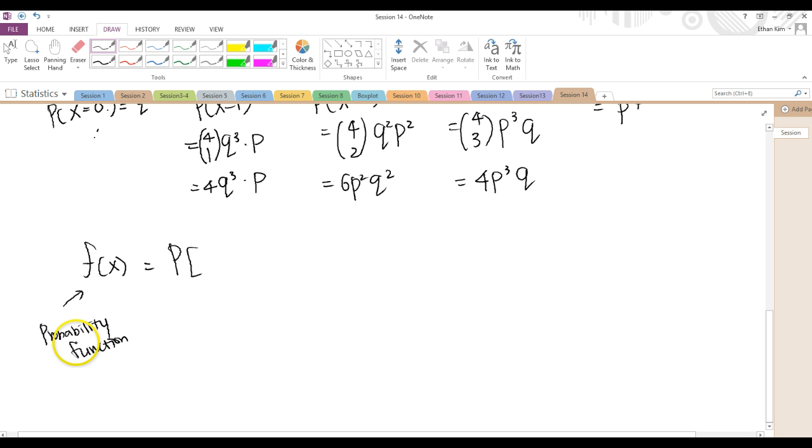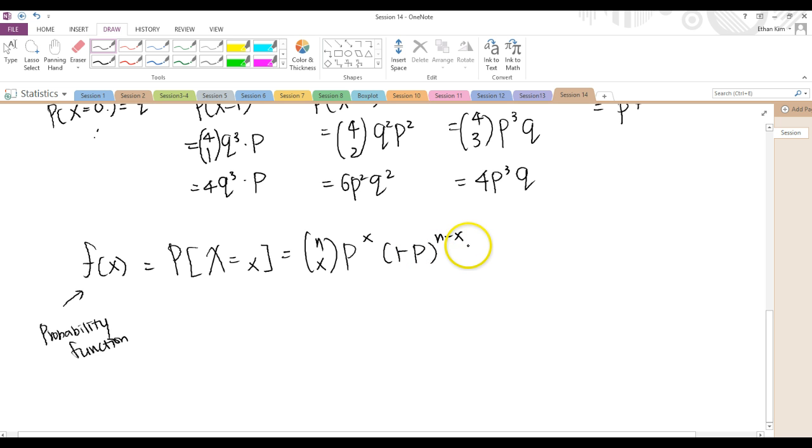And probability of x, the random variable x, equals the little x, which represents a number, right? Is n choose x times p to the x times 1 minus p to the n minus x.